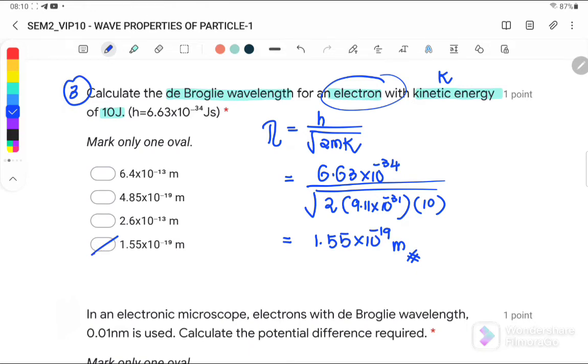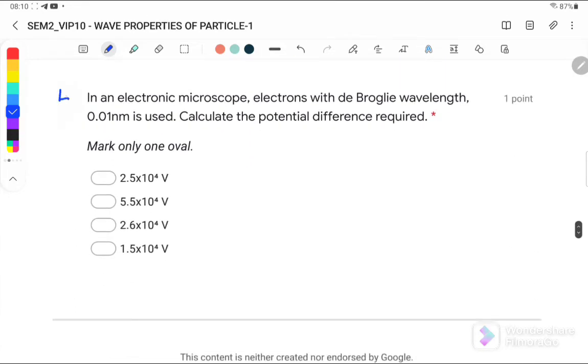Next question is number 4. In an electron microscope, electrons have a de Broglie wavelength of 0.01 nanometer. Calculate the potential difference required.